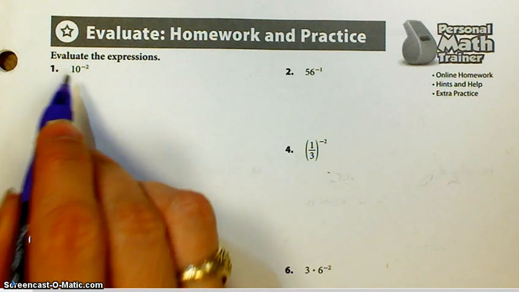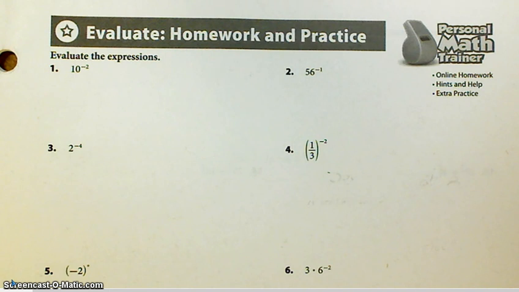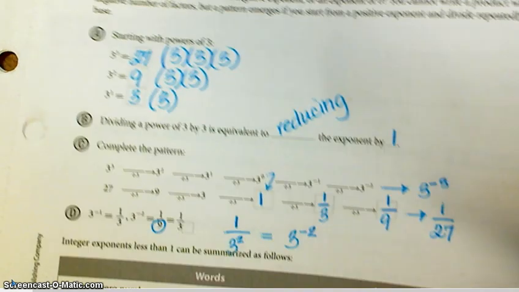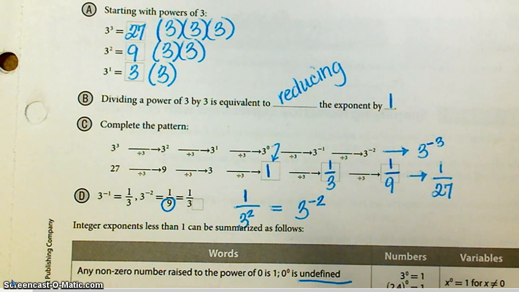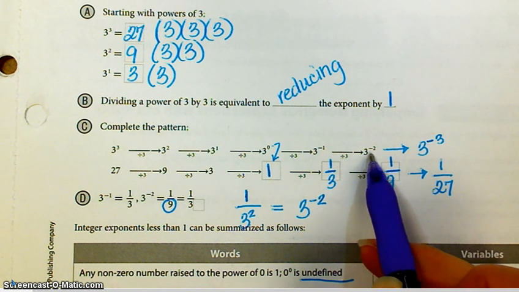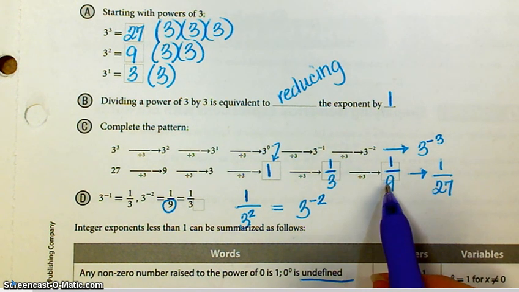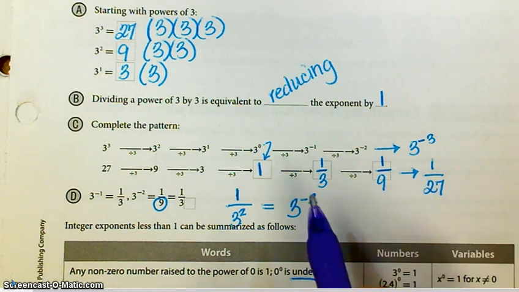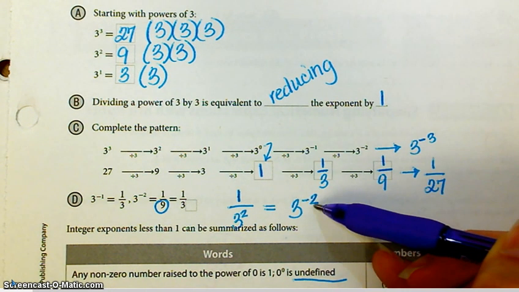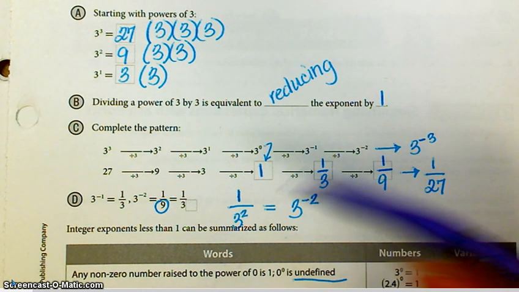So 10 to the negative 2nd power. Well, I'm going to go back and remind you about the first page. Do you remember when we had 3 to the negative 2 power? It was the same as saying 1 over 3 to the positive 2.